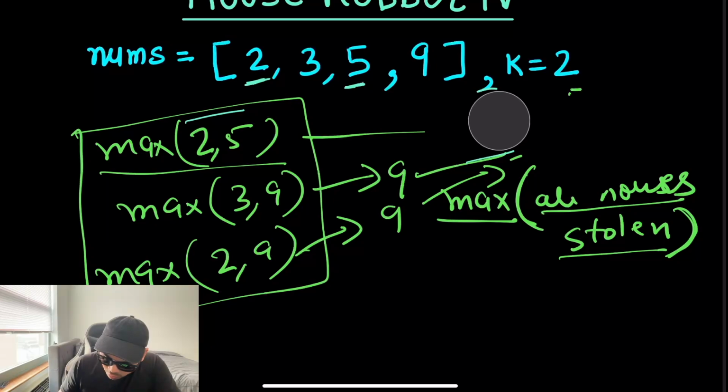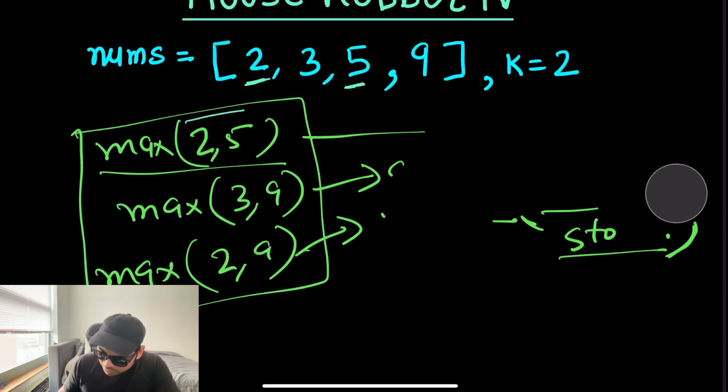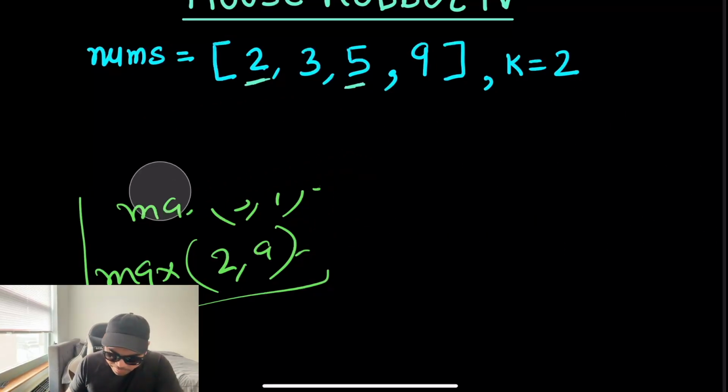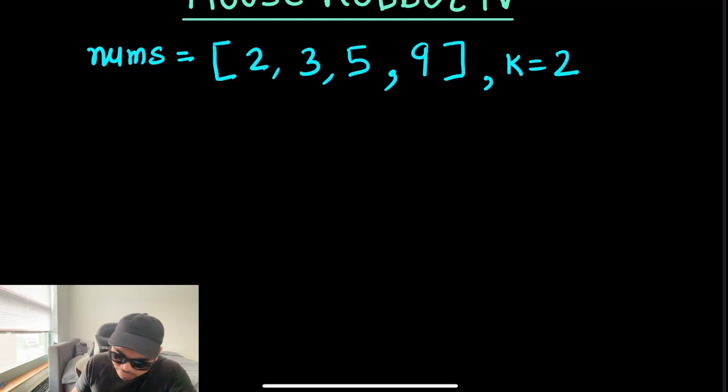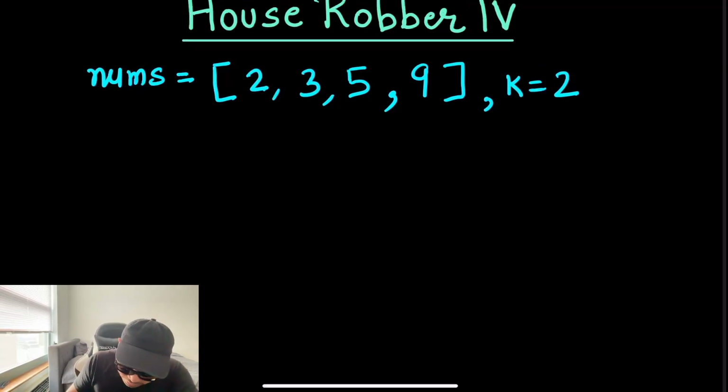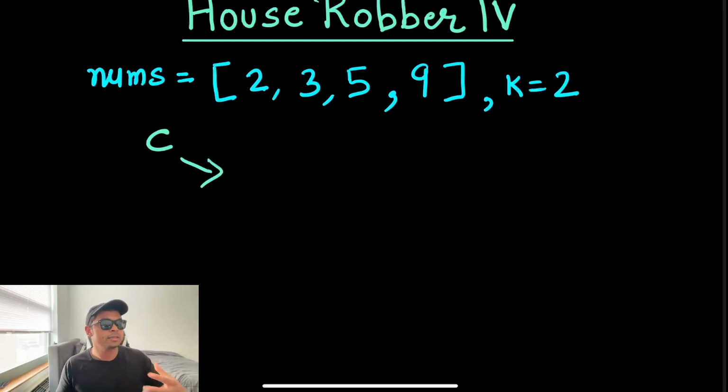We know that this range of capability would be between the minimum and maximum of the money that is given in these houses. So what is this range that we are going to have our capability? Sorry, I keep saying capacity, and that's coming from the previous problems that we have solved.